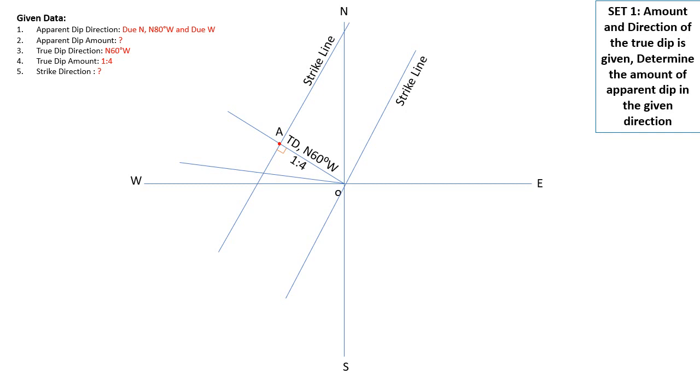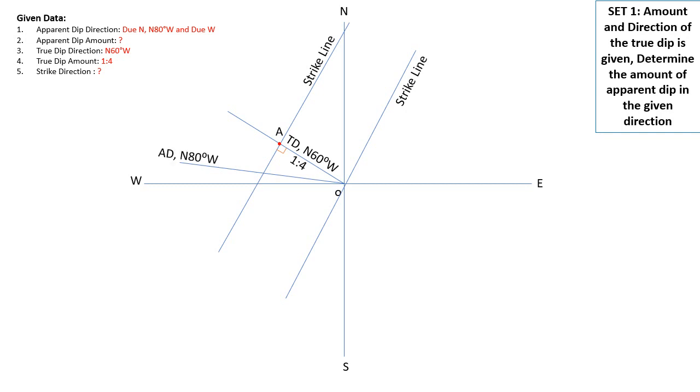Due north, then we are going to mark north 80 degree west. Remember, taking north as 0, we measure 80 degrees towards west and draw a line. Then due west. This is how we are going to proceed further.